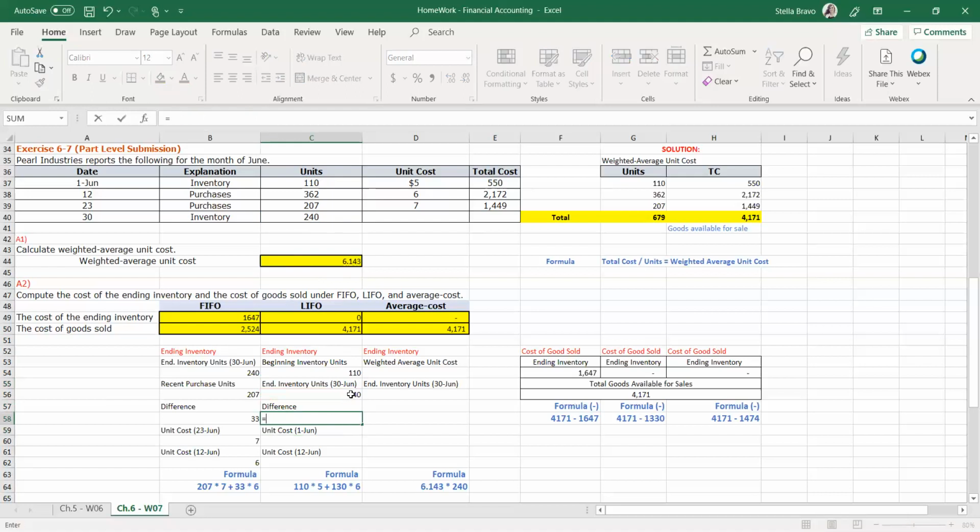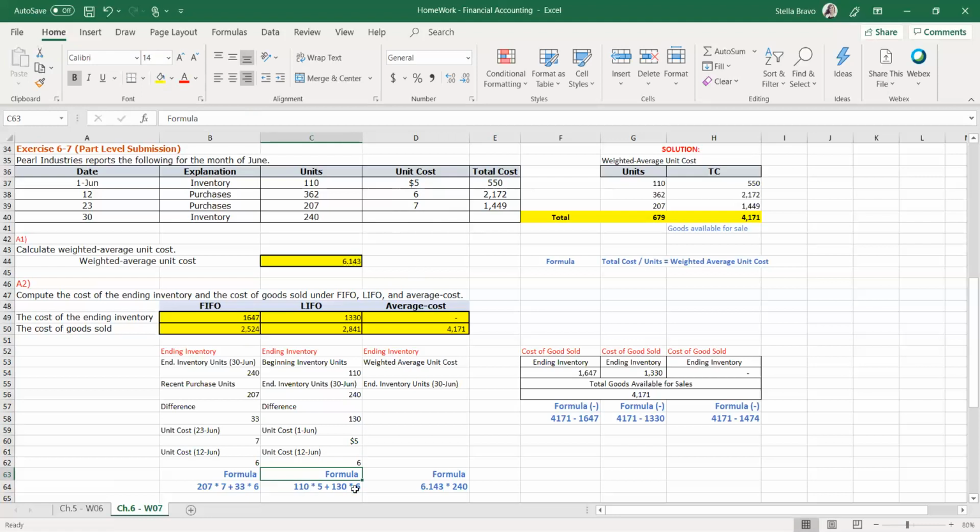Sorry, let's not use negatives here. We need the unit cost from the beginning inventory, which is $5, and the unit cost from our first purchase, which is $6.